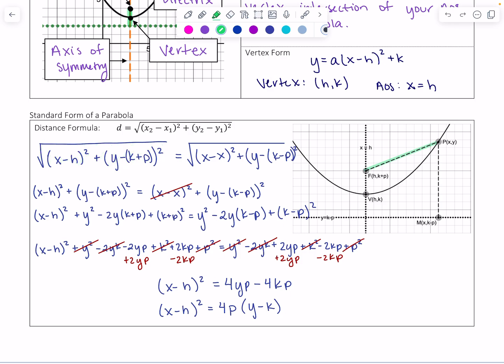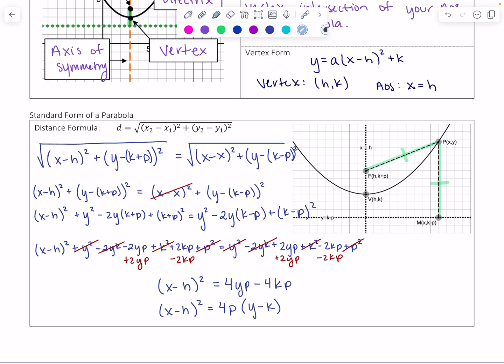And going from that point down to your directrix is equal to this value over here. We're just proving that those are congruent to each other. Then we're going to change those to the equation that we want.